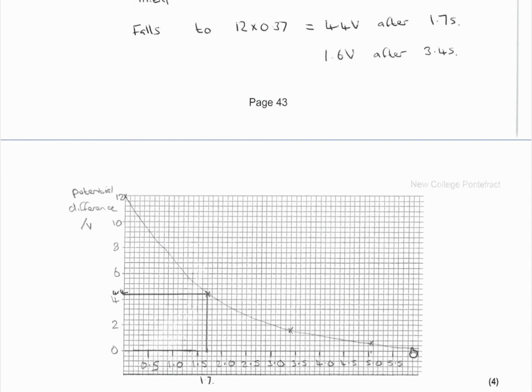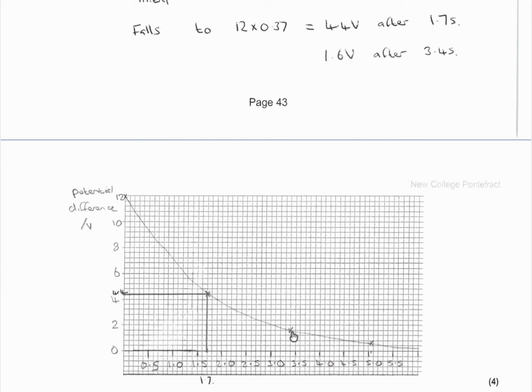And then the third mark is for putting on these values, so the values after 1 time constant. I know that it starts off at 12 volts, and then after 1.7 seconds, it falls to 37% of that, which is 4.4 volts. After another 1.7 seconds, so after 3.4 seconds, it falls to 37% of this value, so that's 1.6 volts, which is that point there.